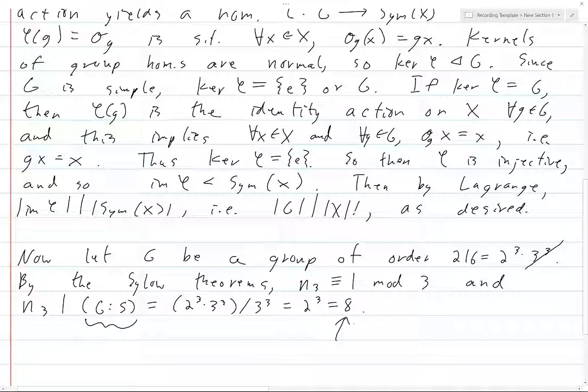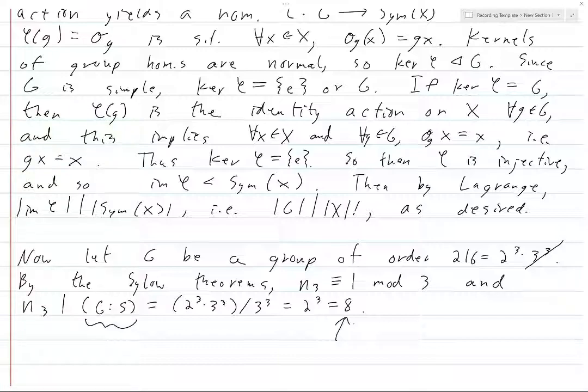So n3 is congruent to 1 mod 3, and n3 divides 8. The first thing tells us that n3 could be 1, 4, 7, 10, and so on.